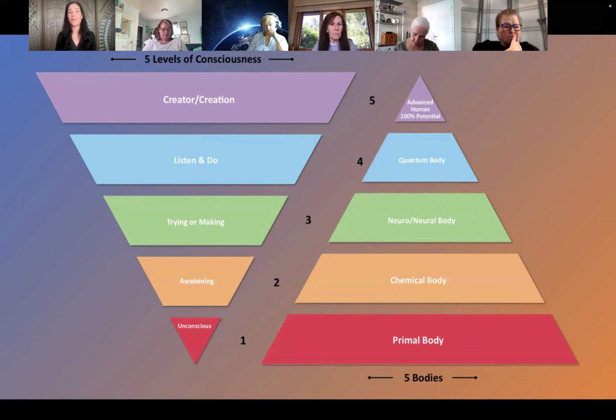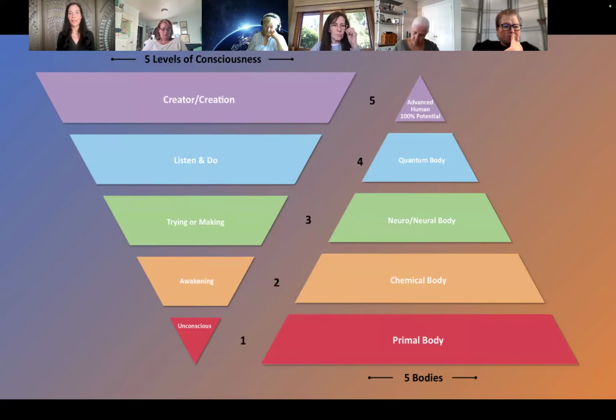consciousness. But when we move into the quantum body, we know what that feels like because we're in the listen and do. That's when our body feels still. It feels grounded. We feel stable. We feel at peace.